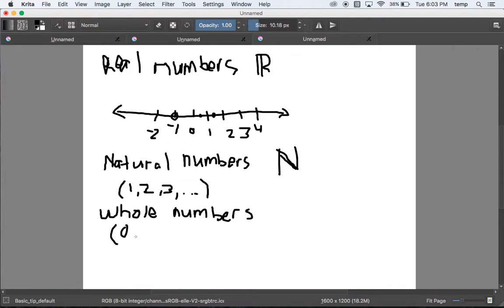So 0, 1, 2, 3, dot dot dot, all the way up. That's denoted with a capital W. If your number is a natural number, then it's also going to be a whole number, because they include every natural number, but then we also include 0 with it.